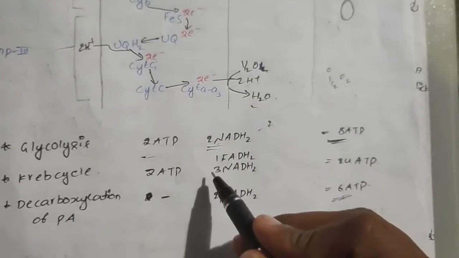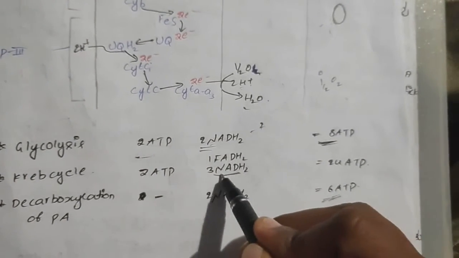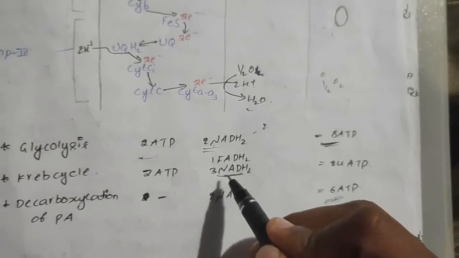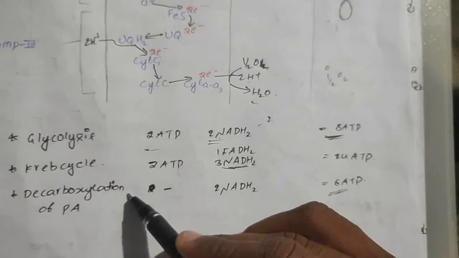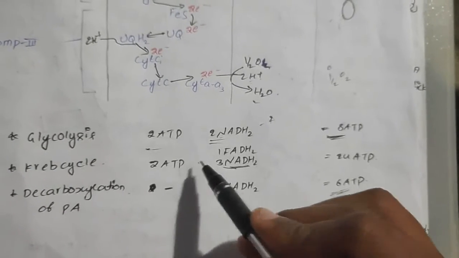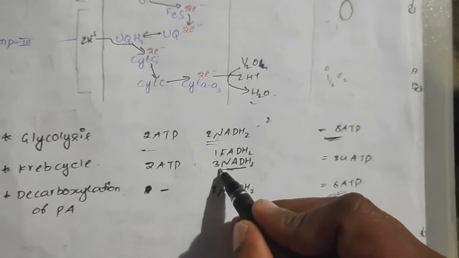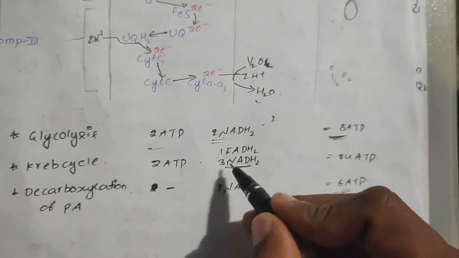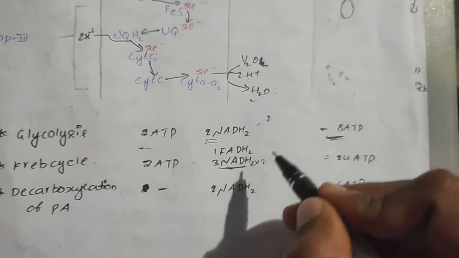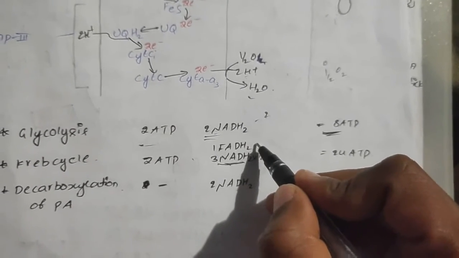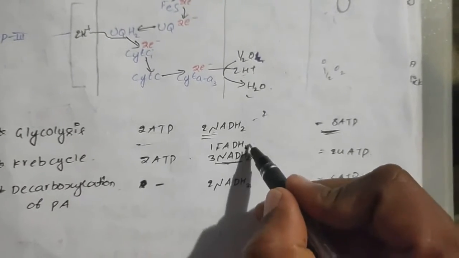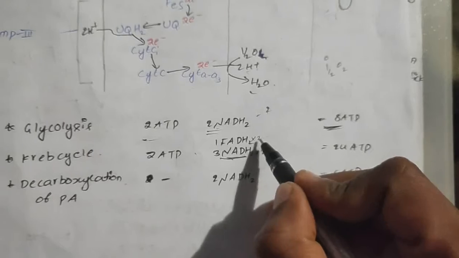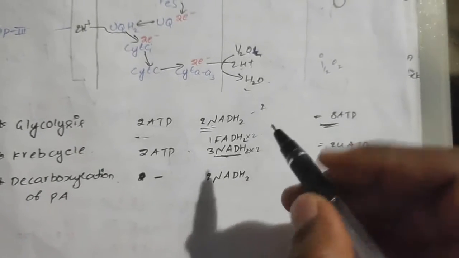And in the Krebs cycle we are getting 3 molecules of NADH2 for 1 pyruvic acid, and from glycolysis we are getting 2 molecules of pyruvic acid, and these 2 molecules enter into the Krebs cycle. Therefore we should multiply by 2. From 1 pyruvic acid we are getting 1 FADH2, so for 2 molecules of pyruvic acid we multiply by 2, therefore 2 FADH2 and 6 NADH2.